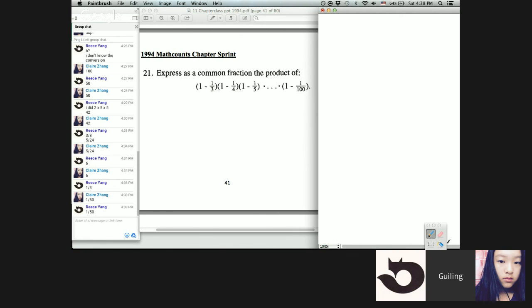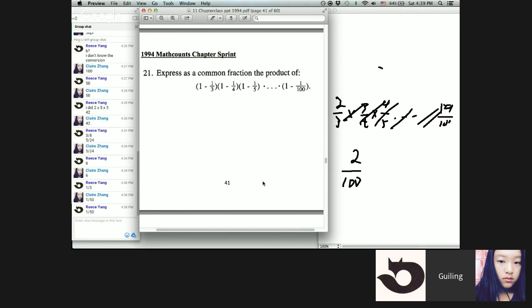All right, nice job. Answer is 1 over 50. That's pretty fast. So it's just 2/3 multiplied by 3/4 multiplied by 4/5, etc., all the way to 99 over 100. And then these all cross out until you're just left with 2 over 100, which simplifies to be 1 over 50.